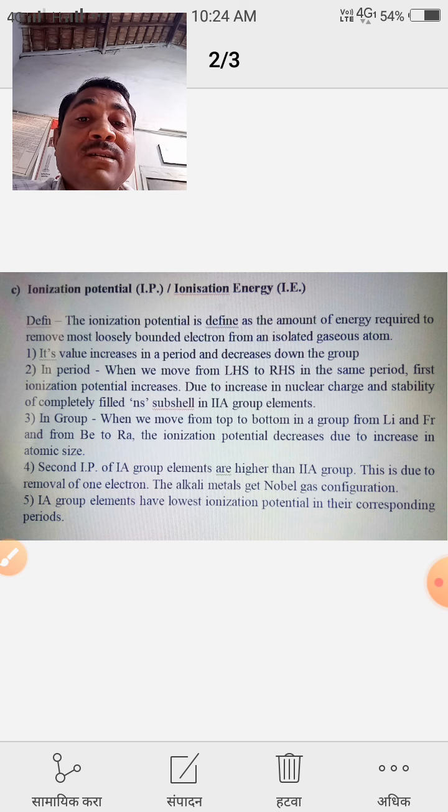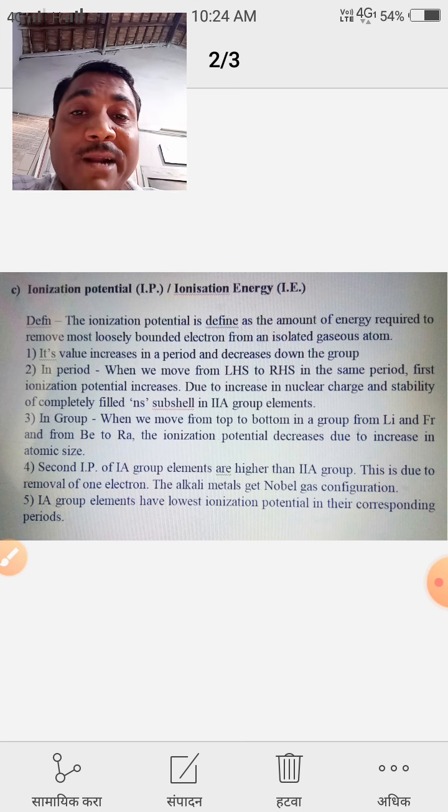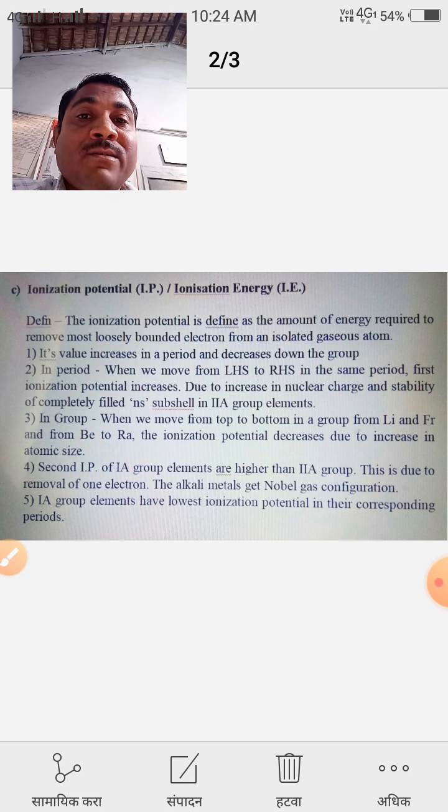Suppose we consider a sodium atom. In a sodium atom, the last shell contains only one electron. To find the second ionization potential, the first electron is removed. After removal of the first electron, the sodium atom has the electronic configuration of an inert gas like neon, which is a stable electronic configuration.